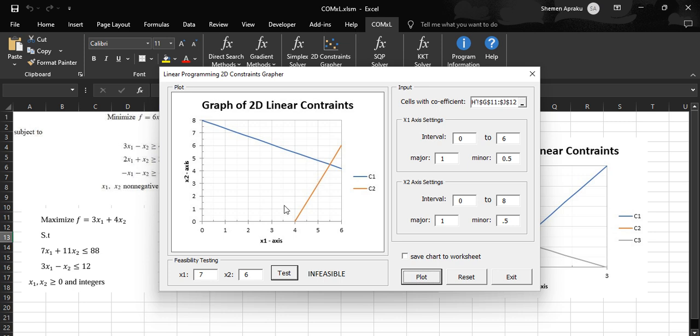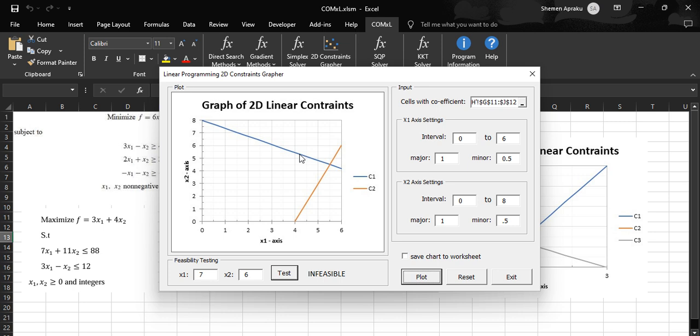But since we are talking about the maximum of the function, we first have to test the points at the extremes of the constraints. So 0, 8; 1, 7; 2, 6; 3, 6; 3, 5; 4, 5; 5, 4; 5, 3.